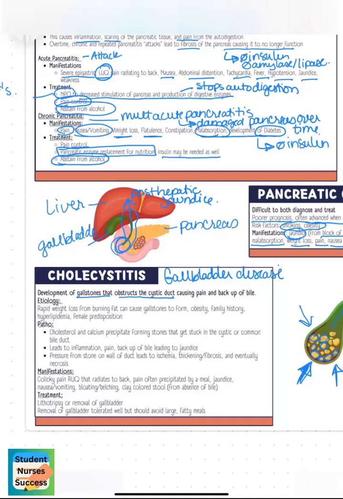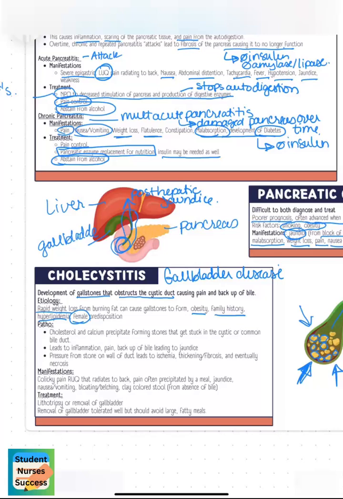As far as causes of cholecystitis or gallbladder disease, we know that rapid weight loss can start some gallbladder disease. In individuals who have rapid weight loss, they start to burn a lot of fat, and that can increase the development of gallstones. We know that obesity increases the risk of gallstones, as do family history and hyperlipidemia, and we see more females than males with gallstone development.